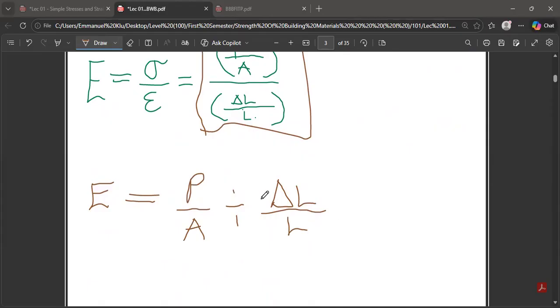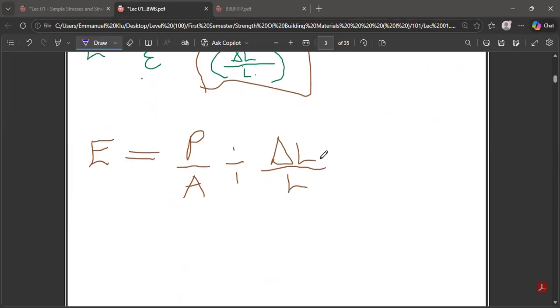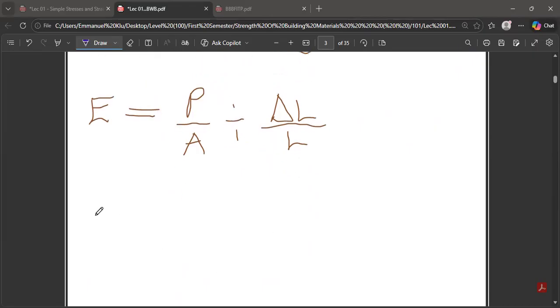If I want to get rid of the division sign, what do you think I'm going to do? I have to reciprocate the other one. Okay, good. So finally, you realize that our E is going to be equal to P over A, or force over area.